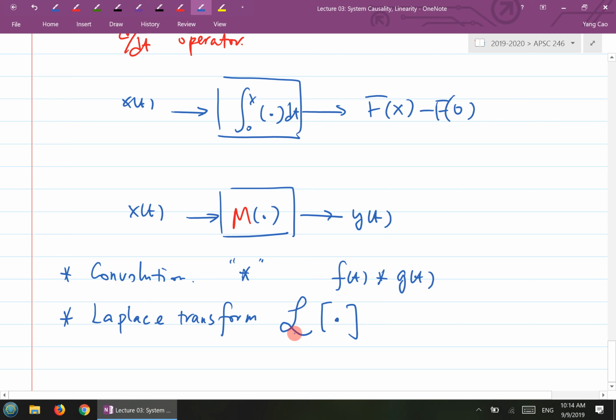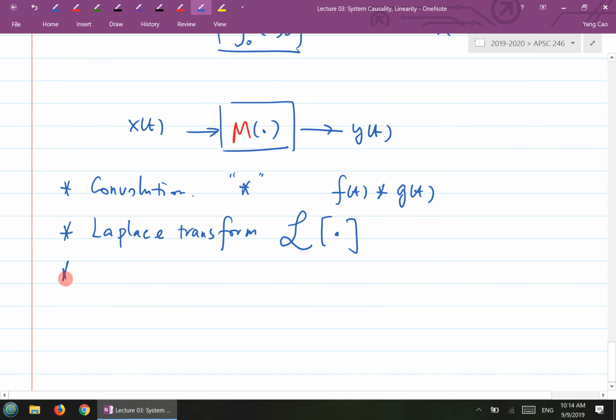You're doing a transformation on a certain function. Another operator we're going to learn in this class is the Fourier transform, and it's this F symbol. So that's what we're also going to learn in this class.